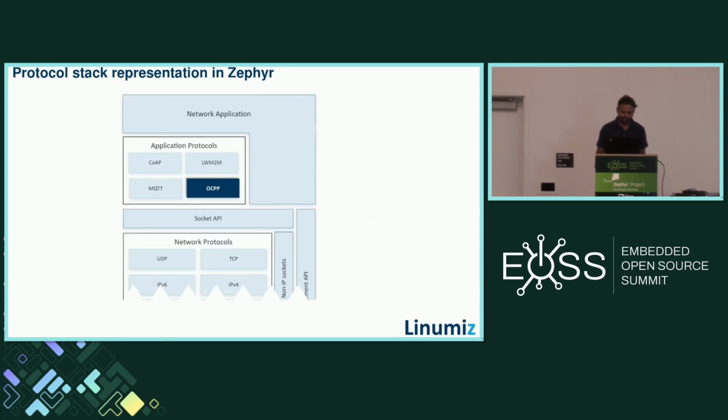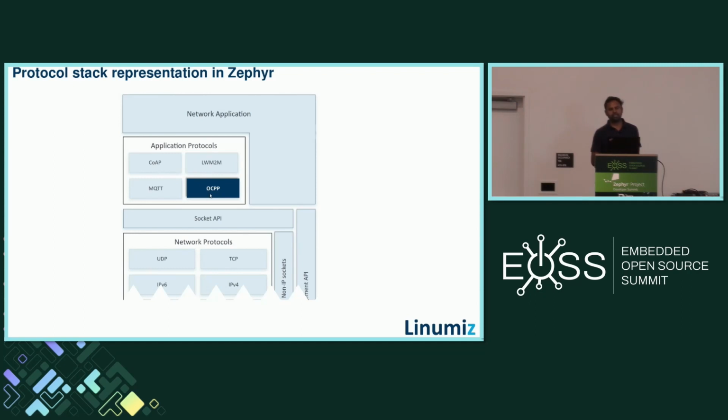Okay, so far we have seen how the OCPP specification messages appear and how they are wrapped into RPC messages to communicate with the central system. Now we get into how the protocol is implemented in the Zephyr RTOS. Since OCPP is an application protocol, it can coexist with MQTT, CoAP and other application protocols.